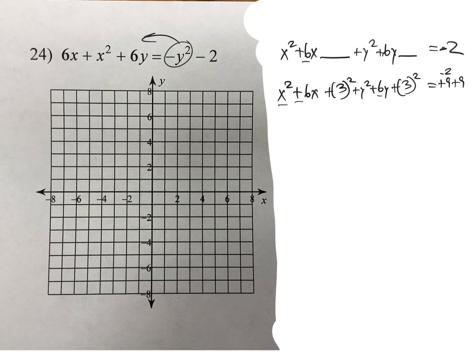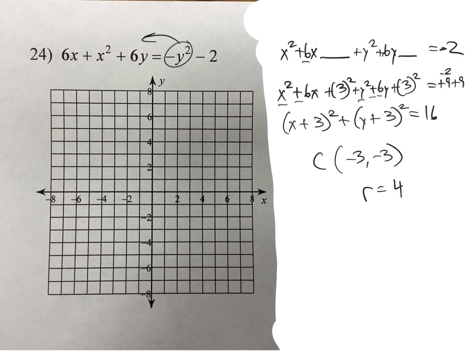First letter, first operation, and b over 2. First letter, first operation, and b over 2. Negative 2 plus 9 is 7. 7 plus 9 is 16. Center's at negative 3, negative 3. And the radius is 4.